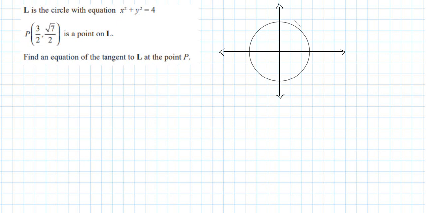The first one: L is a circle with equation x squared plus y squared equals 4. When they give us the equation of a circle in this form, x squared plus y squared, the center of the circle is at the origin, which has coordinates 0, 0, which is here.